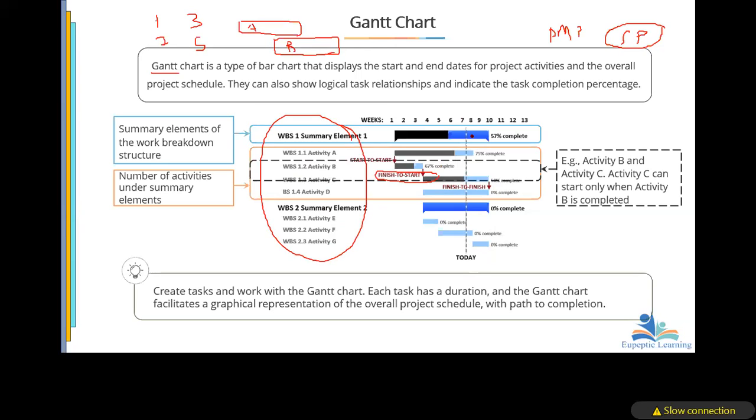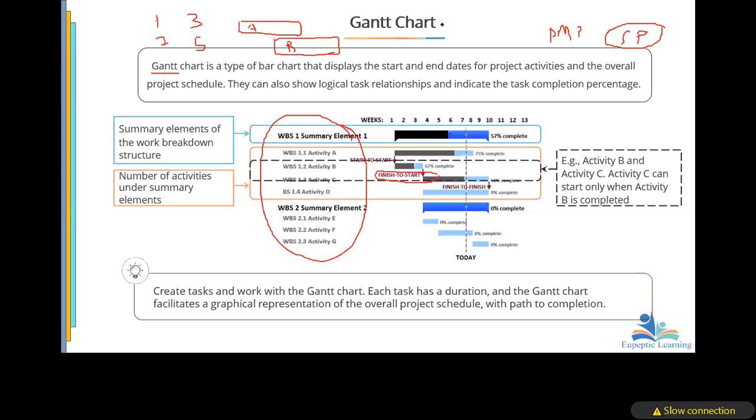And the question is, which of these tools will you use? Are you going to use the Pareto chart? Are you going to use the scatter diagram? They will intentionally give you tools that are all pictorial in nature. But if you know what each tool does, then you pick the Gantt chart.